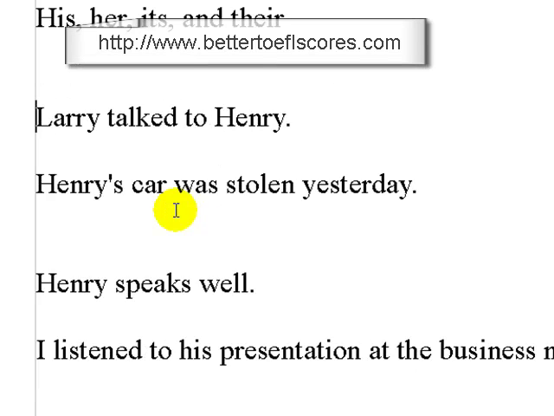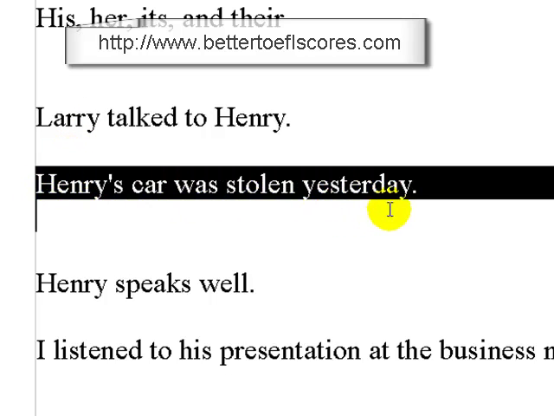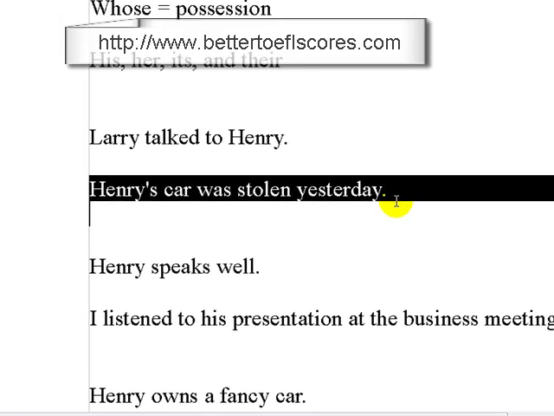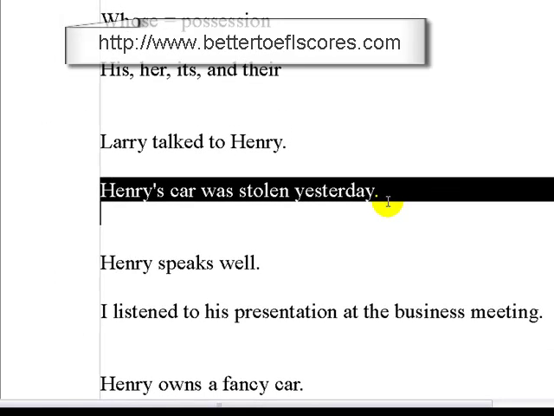Number one, you have: Larry talked to Henry. You have: Henry's car was stolen. Notice you see the possessive apostrophe s there. The first step in combining these sentences is to determine that the second sentence is going to be the adjective clause. We consider this the support idea in this sentence.